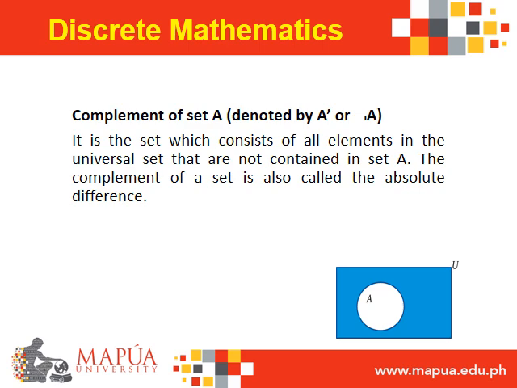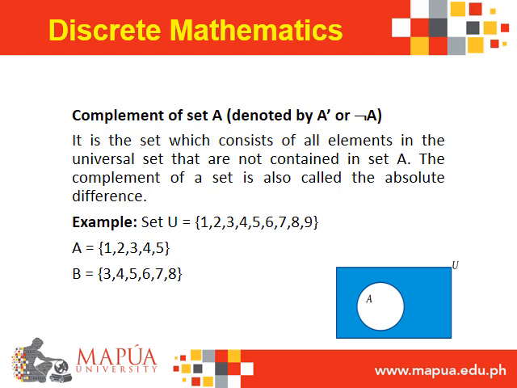To be more discrete regarding this operation, let's evaluate again our given universal set, which contains values 1 to 9, and then set A containing values 1 to 5, with set B containing values 3 to 8. The complement of set A would mean elements 6, 7, 8, and 9.